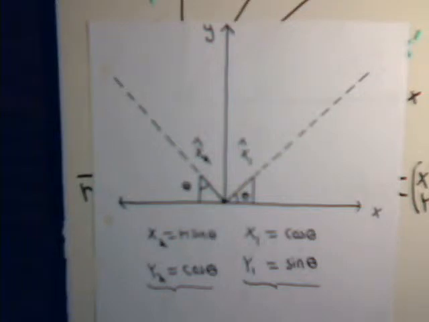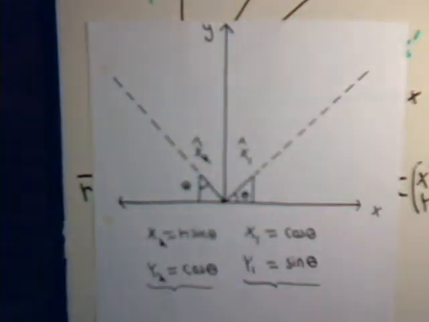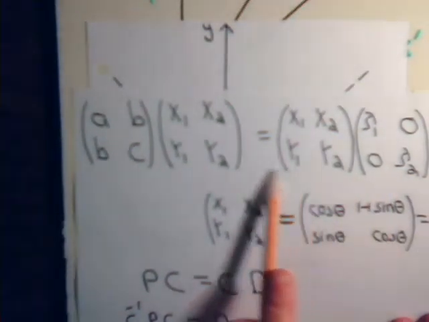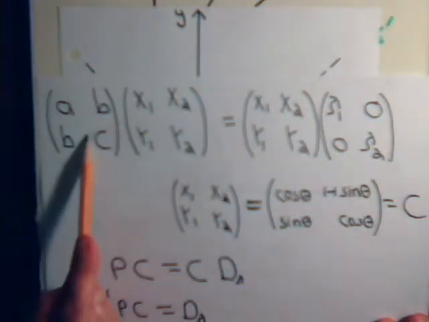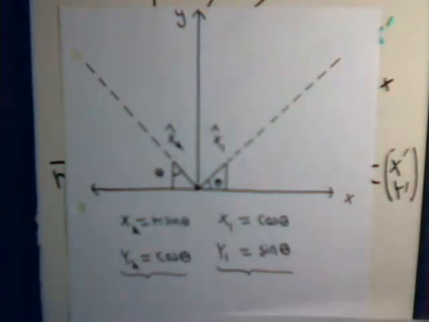Okay, so let's now go back and again consider this equation, knowing what we now know about x1, y1, and x2, y2. Here we have that same equation right here. If we can get this into focus. There it is. Now, x1, y1, that is cosine theta, sine theta.